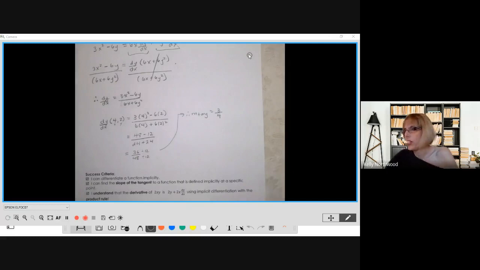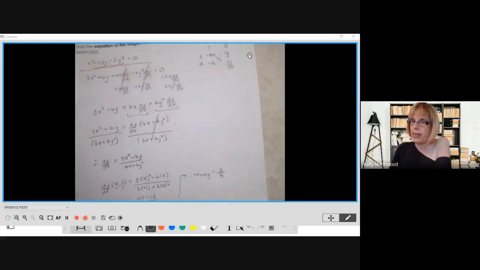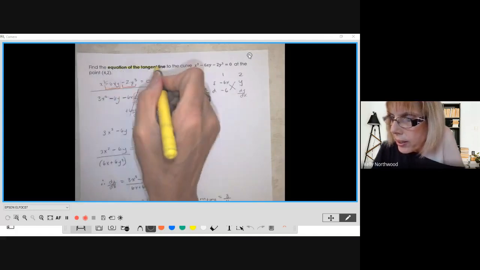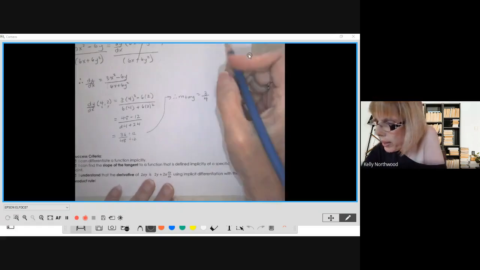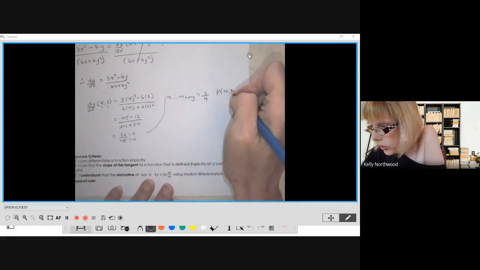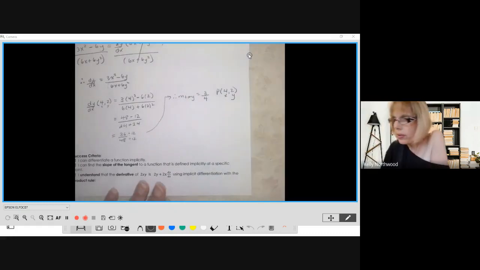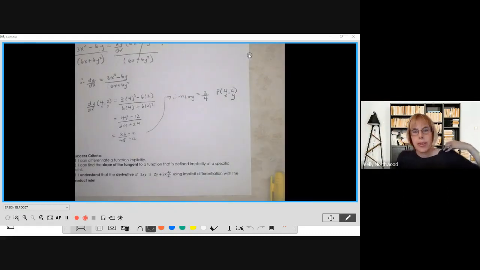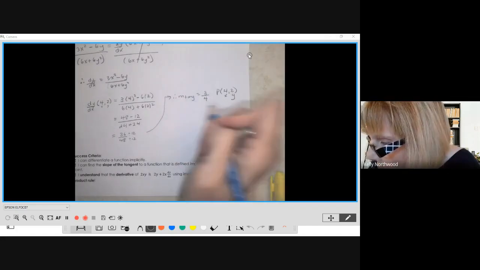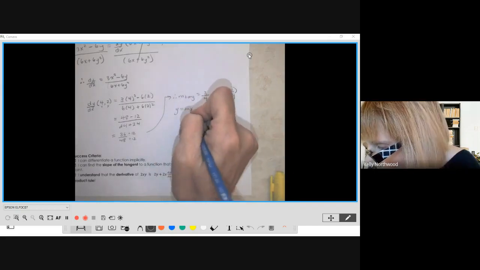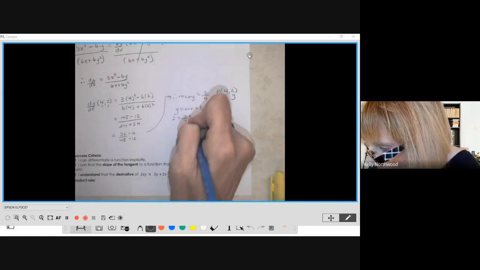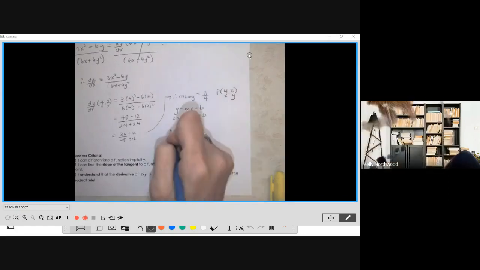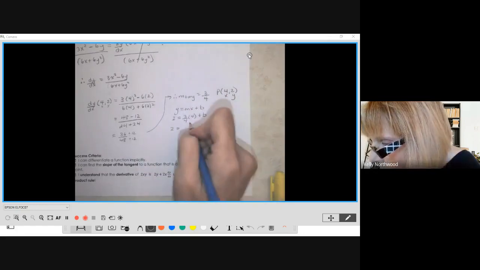Oh, they want the equation of the tangent line, though. I'm glad I looked back there. Equation of the tangent line. So that's our slope. We also know our point is (4, 2). So we can use y equals mx plus b to find the b value. 2 equals 3/4 times 4 plus b. 3/4 times 4 is just 3.